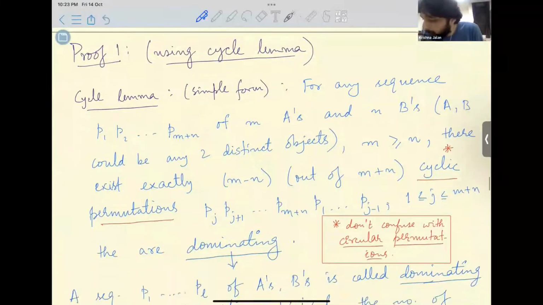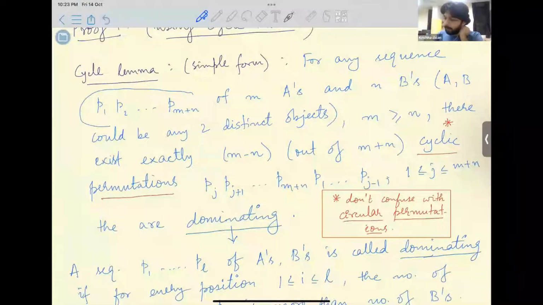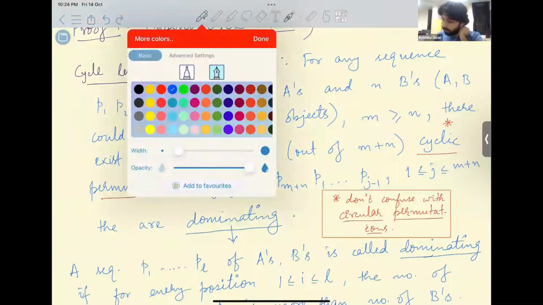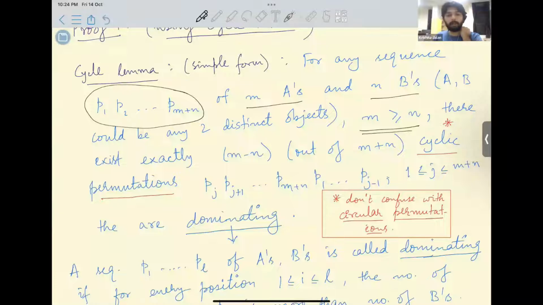So let's see first what this cycle lemma is. Here I'm giving you a simple form of the cycle lemma. There is a generic form as well, which I'm not getting into. Consider a sequence of m plus n elements such that there are m a's and n b's for which m is greater than or equal to n.